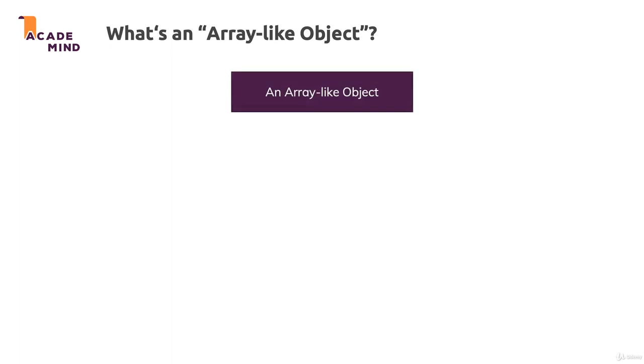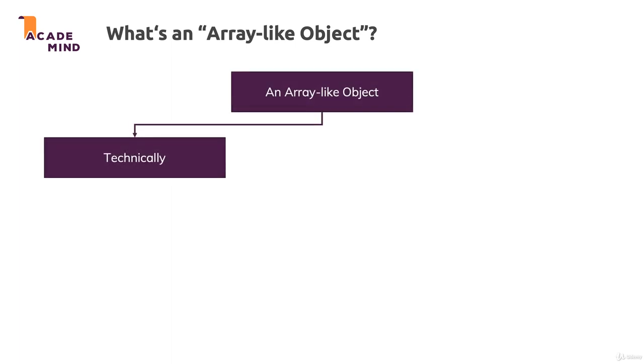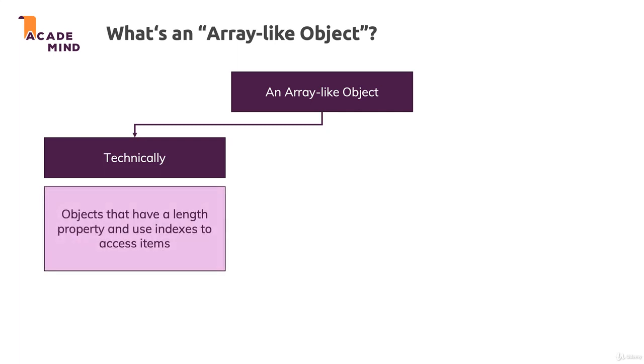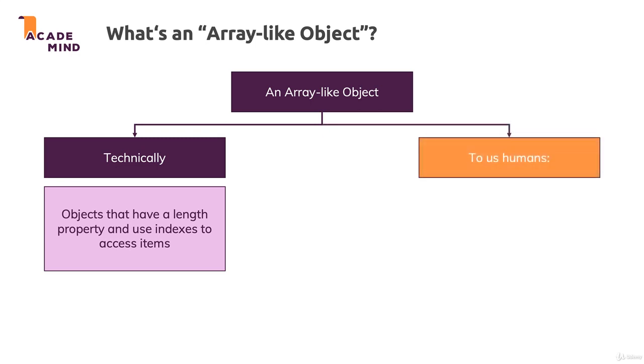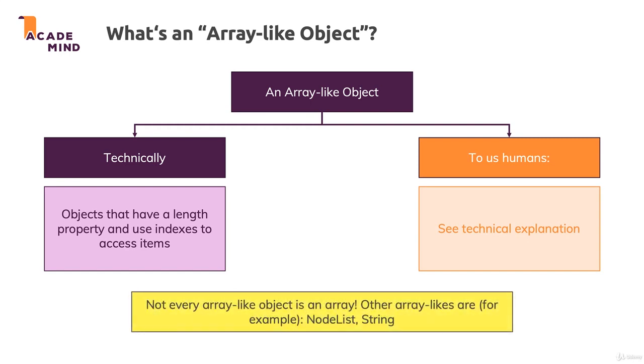Now, what are array-like objects, therefore? Again, the technical definition is here much more readable: an array-like object is in the end any object that has a length property and uses indexes to access items. It's as simple as that, and I'd say that's also pretty clear to us humans. Now, just as with iterables, not every array-like object is an array. That's why it's called array-like.